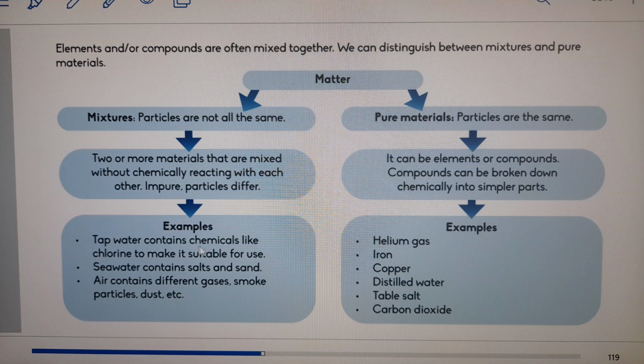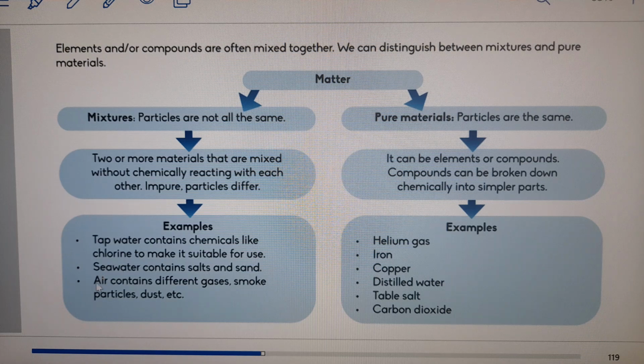Okay, examples of mixtures. Tap water contains chemicals like chlorine to make it suitable for use. So you see here, these two examples: here is distilled water and here is tap water, which is a mixture. Please don't confuse them. I will explain what distilled water is. And then seawater contains salt and sand. It is a mixture. If you've been to the seaside or the beach, you will see seawater has got salt and sand.